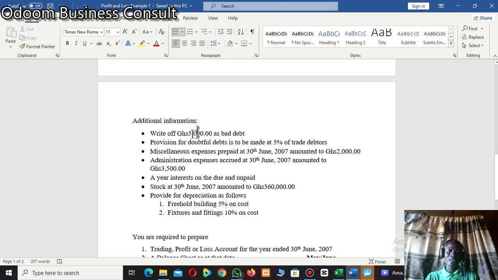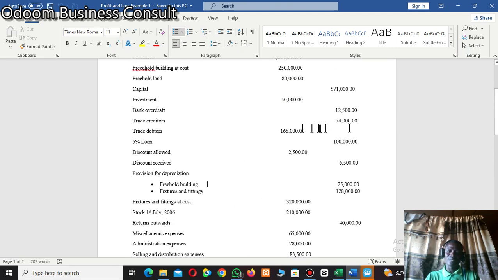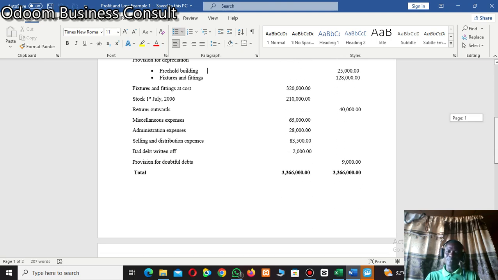So this figure will go to our profit and loss account, and at the same time the debtors figure will be reduced by 5,000 in the balance sheet. Because 5,000 cannot be recovered from the 165,000 that we are expecting from our debtors, this figure needs to be reduced to reflect the actual amount we are expecting.